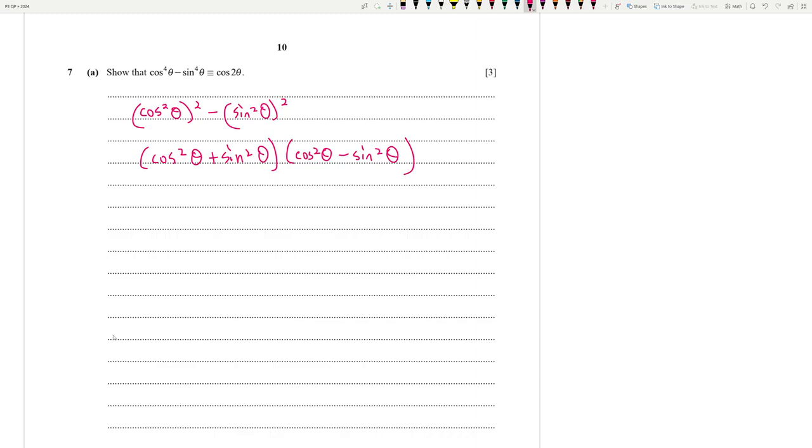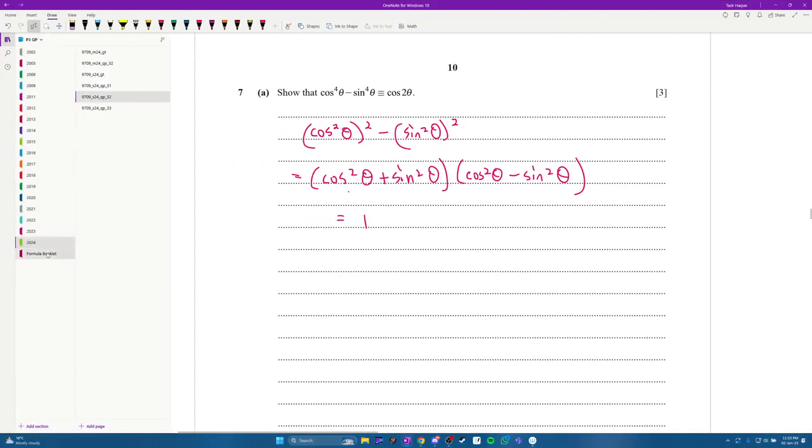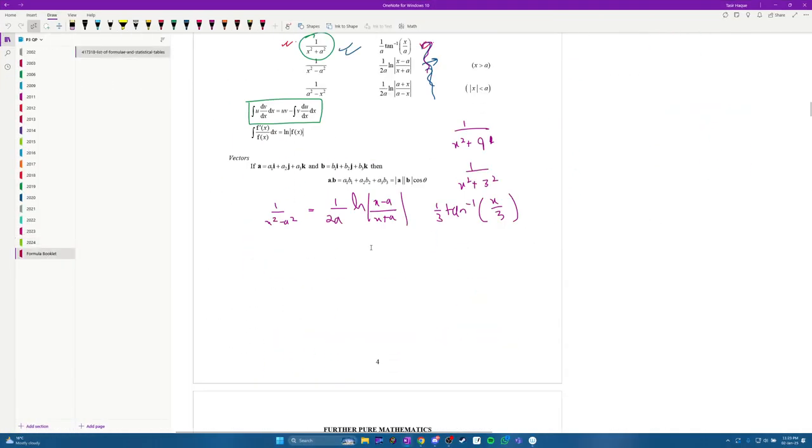Now we know that sine square theta plus cos square theta is equal to 1. And on the other hand, you know cos twice theta. You have three identities actually for cos 2 theta.